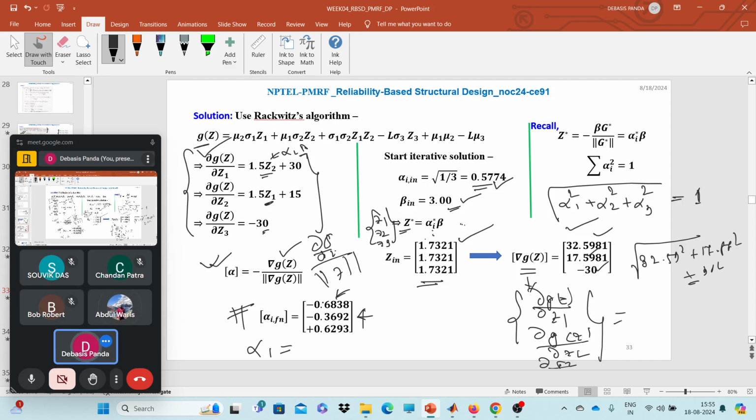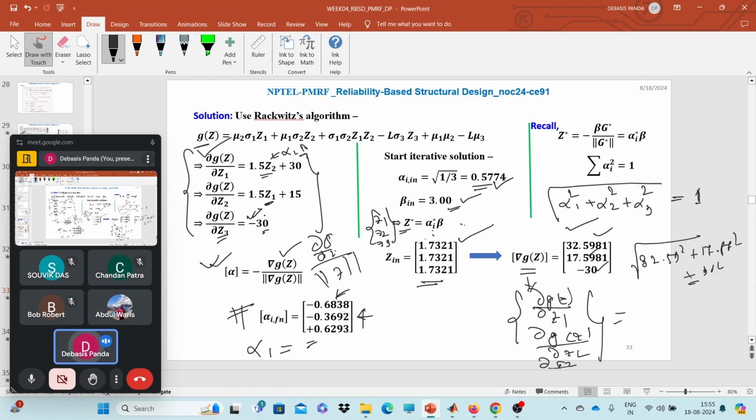Now why am I focusing on that? Because of the directions. Just check it, Abdul. 0.6838. Yeah, and what is the sign? Negative, minus. Only for alpha 3 we have the positive value, because already a negative is sitting here.